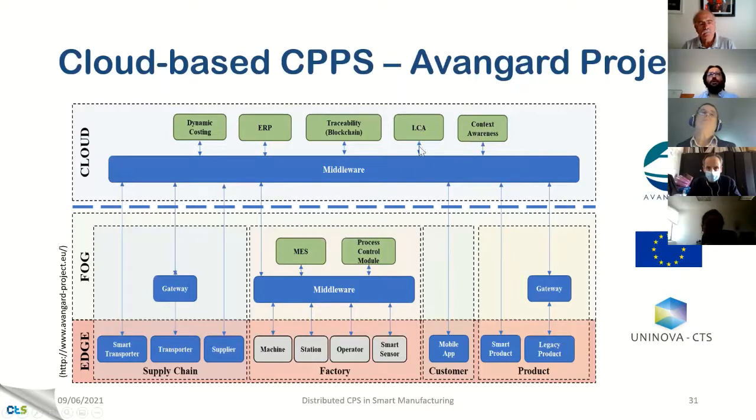For example, software tools focused on lifecycle assessment, some tools related to traceability, for example, using blockchain technology for certifications and so on, ERPs, or other functionalities, and also develop interoperable layers that can not only integrate all the software tools and machines that we have inside the factory, but that can also share data with the cloud and vice versa.